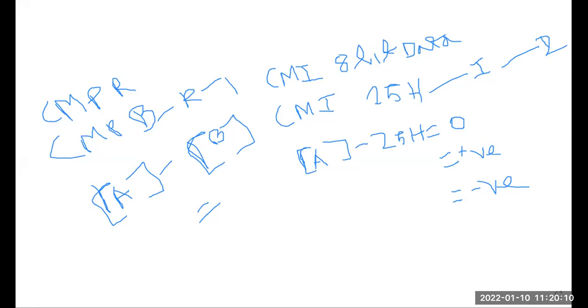And if it is mentioned CMP M, can anyone tell what will happen? Anyone can try? What will happen if we mention this CMP M? Comparison is performed between memory and accumulator.